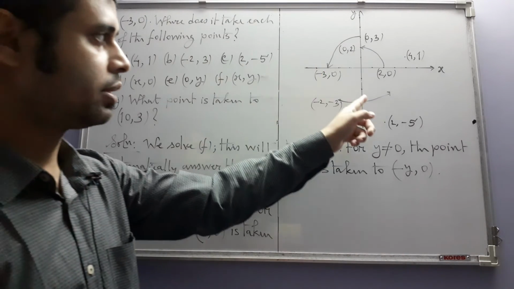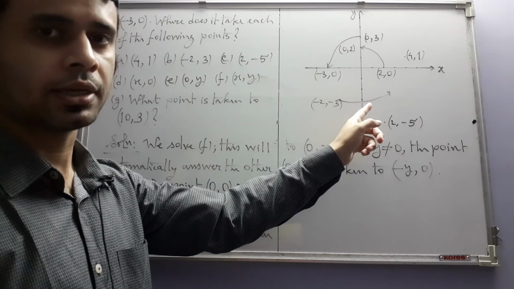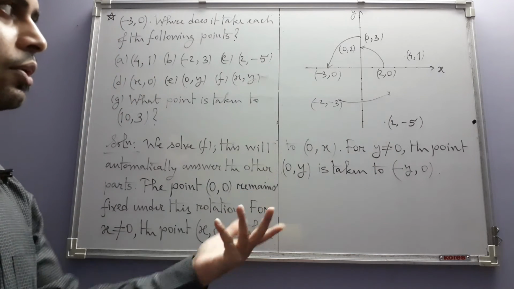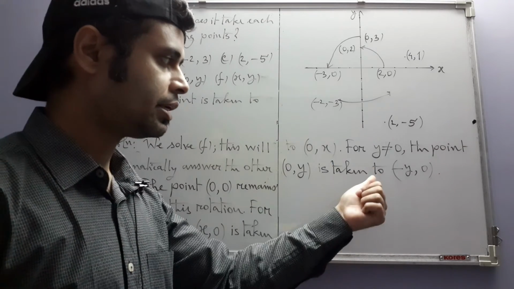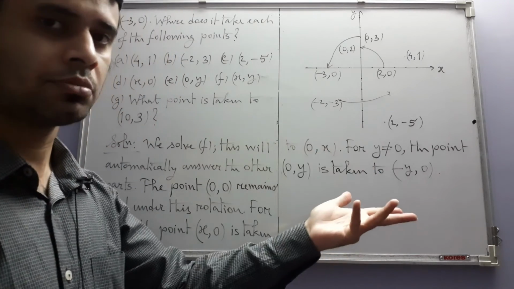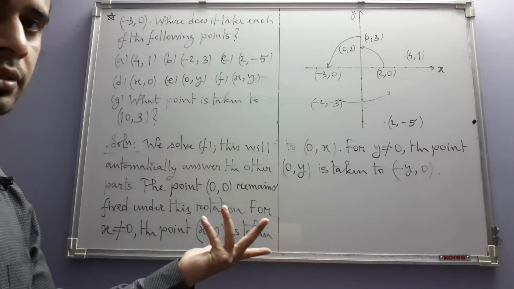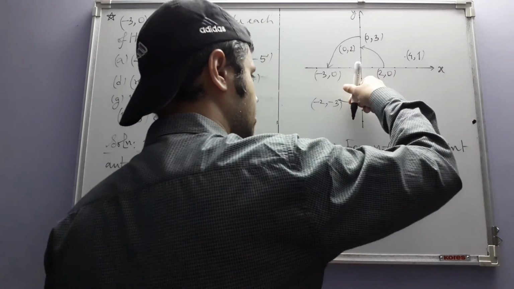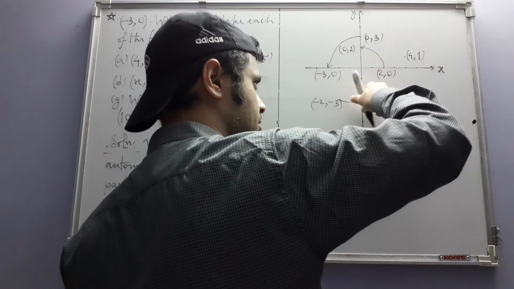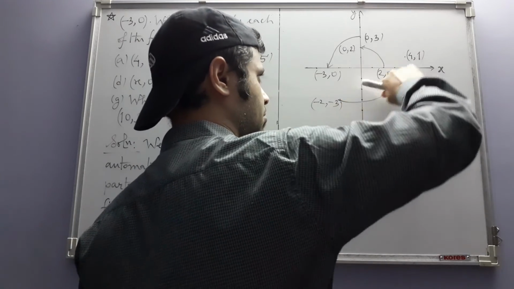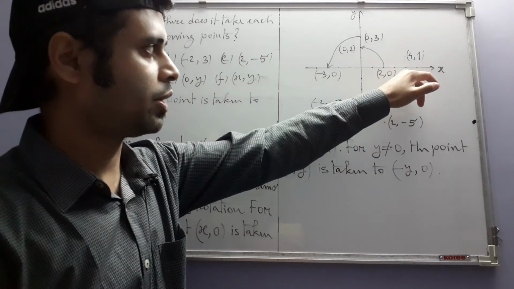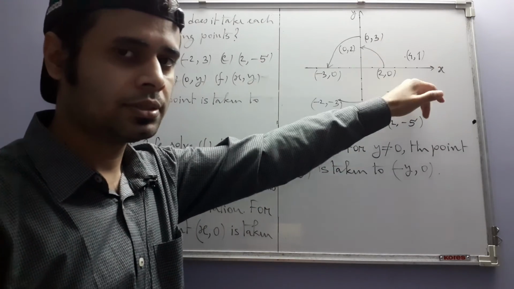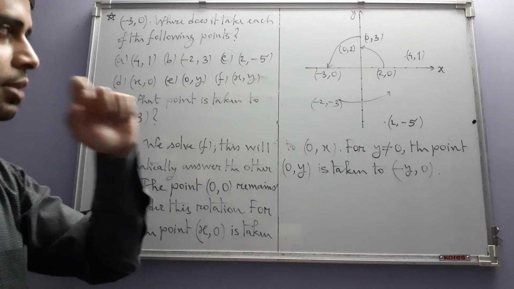But if the point lies below the x-axis, for example 0 comma minus 2, is that also taken to minus of minus 2 comma 0, that is 2 comma 0? Yes, because the rotation is still counterclockwise and through an angle 90 degree. So the point will come here, but its distance from the origin will stay the same.